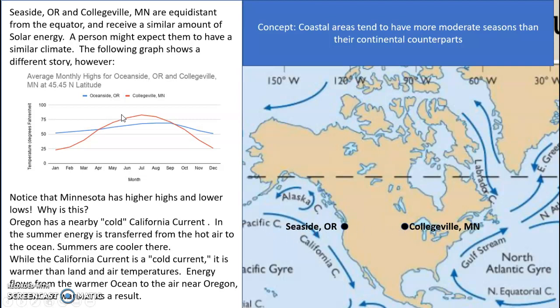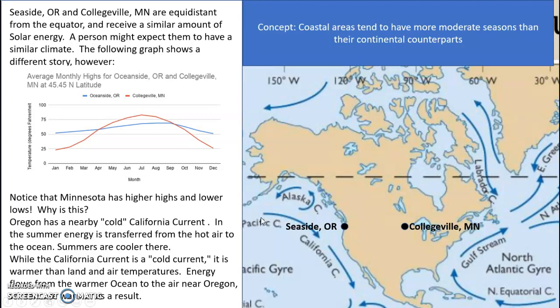If you take a look, you might be surprised: Minnesota is this red line. Minnesota has colder winters and hotter summers than this place in Oregon, right on the coast, seaside. The reason is that while this California Current is cold, it's only cold relatively in the summer, so it absorbs energy from the air and cools off the air.